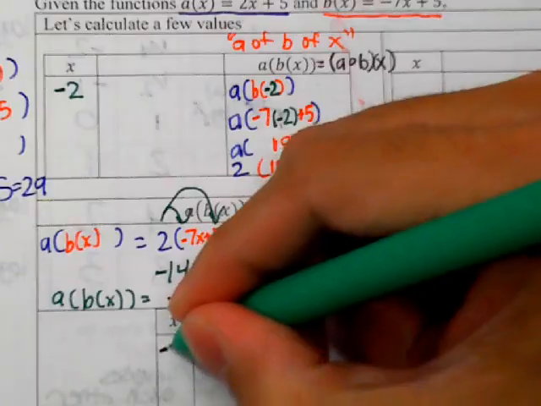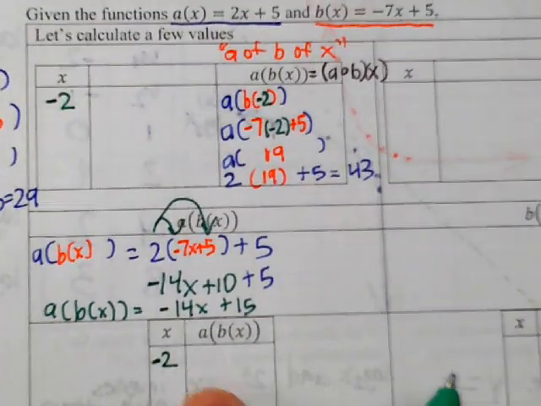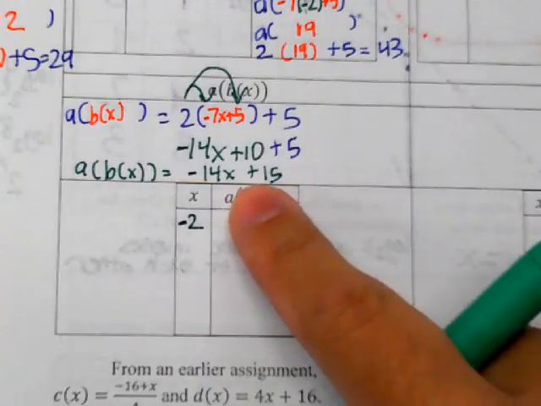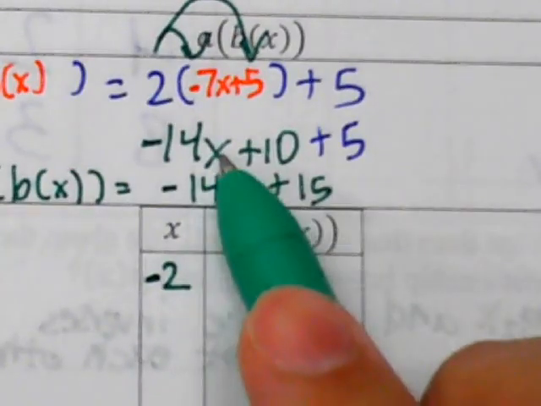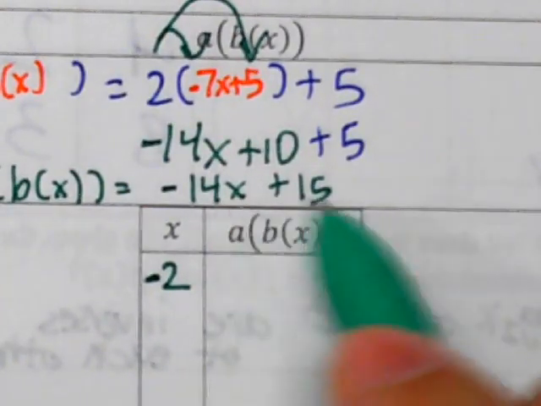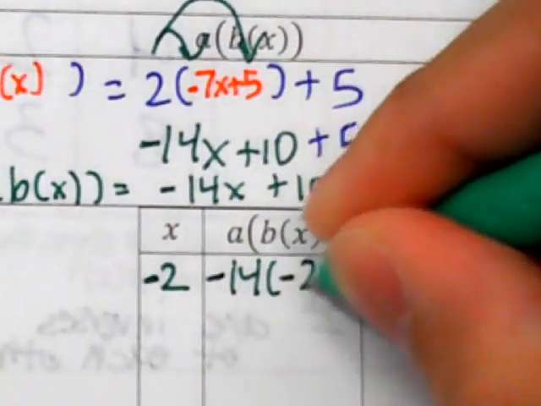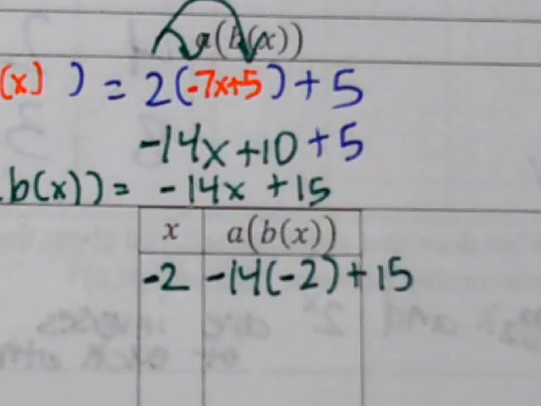Substituting negative 2, negative 14x becomes negative 14 times negative 2 plus 15. Negative 14 times negative 2 is positive 28. 28 plus 15 is 43. And that is the same answer as earlier.